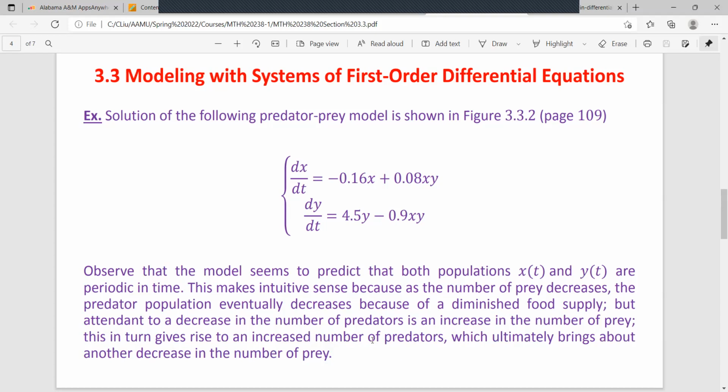If the population of foxes increases, then they will need more food from the rabbits. So the population of the rabbits will decrease again. So the population of the rabbits just decreases and increases and decreases. So it's periodic, and similarly, that will cause the population of the foxes to also be periodic. So that's exactly what we're seeing here.